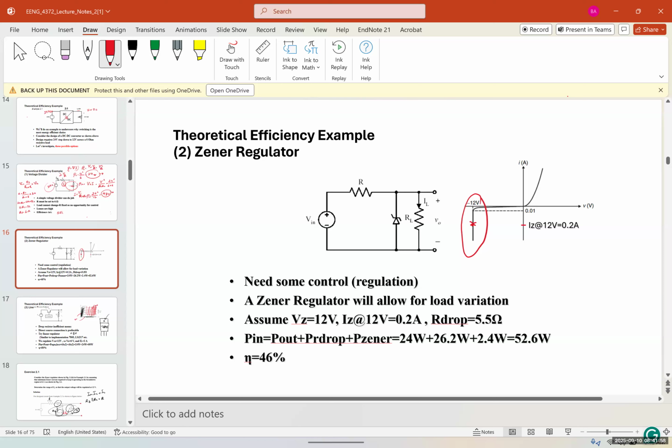Then the input power is going to be P out plus PR drop plus P Zener, which is 24 in this case, plus 26.2 watts plus 2.4 watts, which is 52.6 watts. And the output is again 24 watts. So the efficiency here, input to output at its best, is going to be 46%.